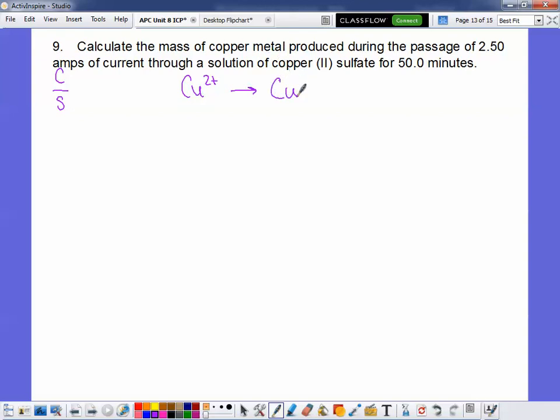Is it gaining or losing electrons to do that? Gaining. So the electrons are on the left, and it's gaining 2 of them to go from Cu2+ down to Cu. So basically what this question is asking is what mass of this am I going to form?